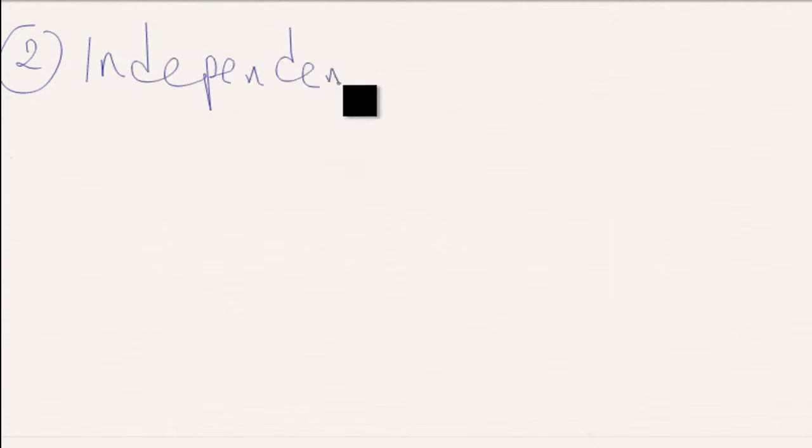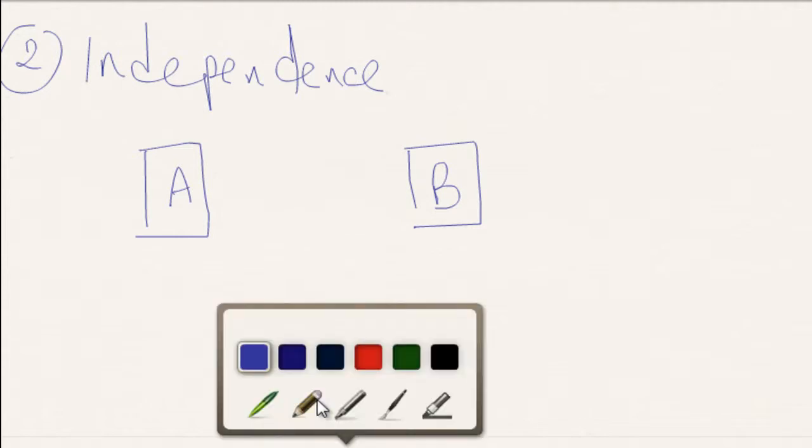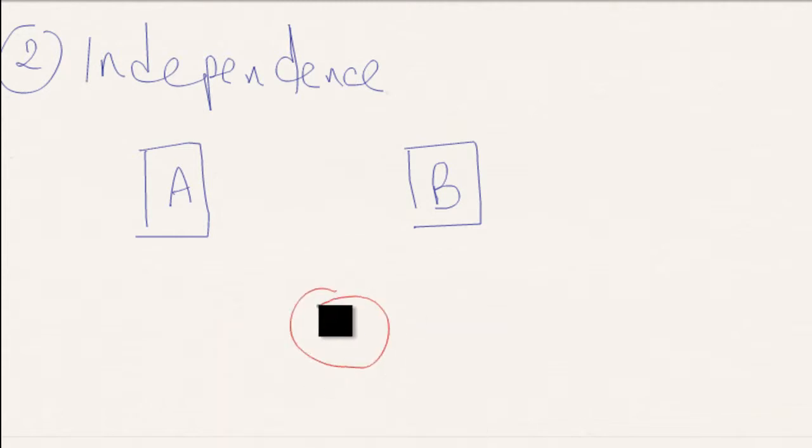So the next assumption that we make is independence. And simply speaking, if you're testing two groups of people, Group A and Group B, and say you've got an intervention that we'll label here as I, intervention on Group B, you want to be sure that Group A has no effect on Group B. So the two groups have to be independent of one another.